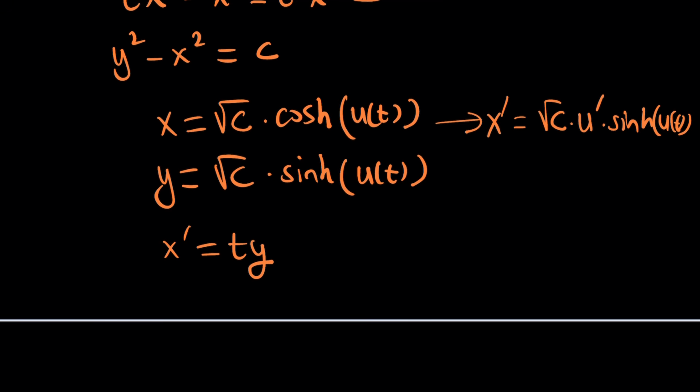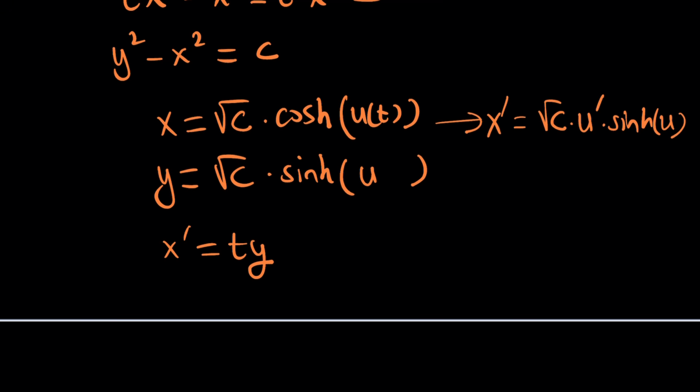Why? Because by chain rule, we also have to differentiate the inside, which is the derivative of u. Great. Now, this is kind of too cumbersome. Let's just use u instead, because we already know that u is a function of t in this case, right?